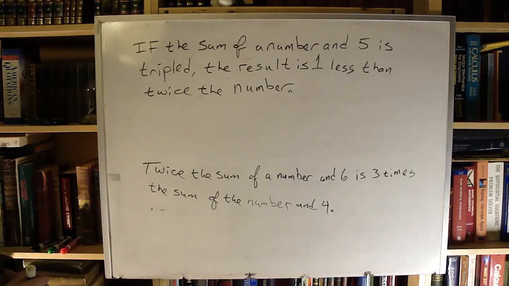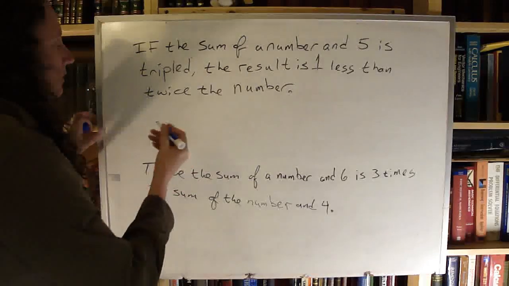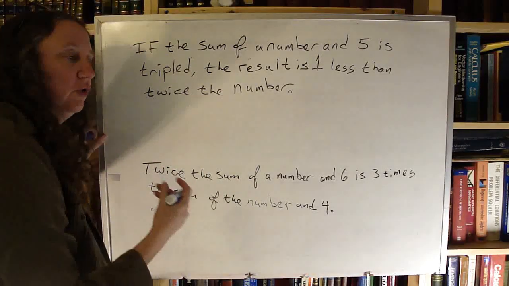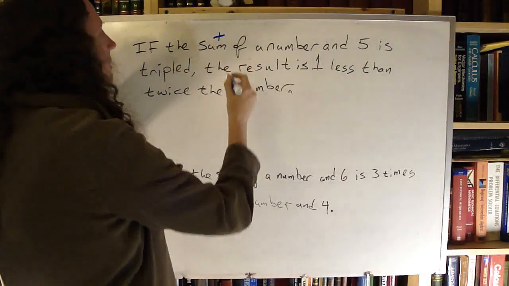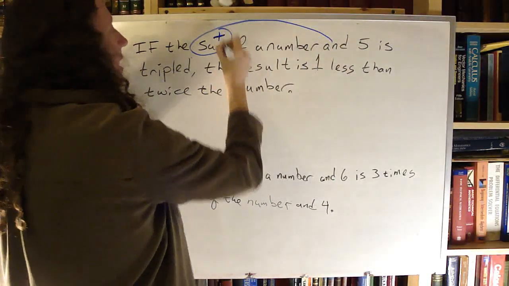If the sum of a number and 5 is tripled, the result is 1 less than twice the number. So going through this, first thing I want to do is translate sum. The word and reaches back and grabs that word sum.